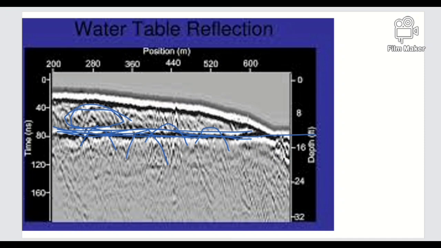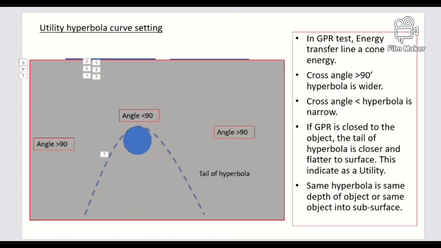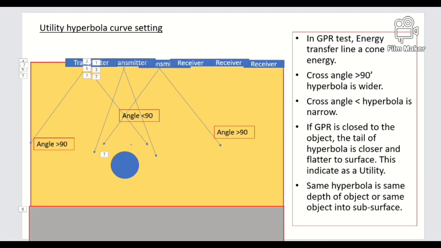Then we will see the utility curve, or the hyperbola created from the object. If there is an object in the subsurface, under the ground, and our GPR is moving from one place to another as a line, the transmitter sends wave energy like a cone.